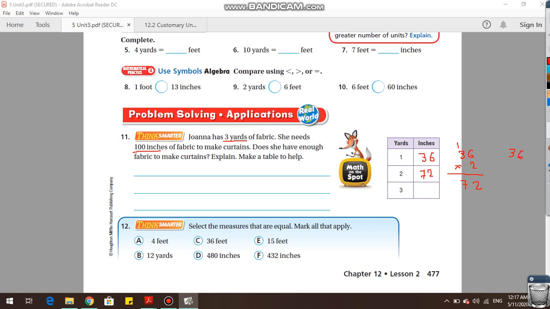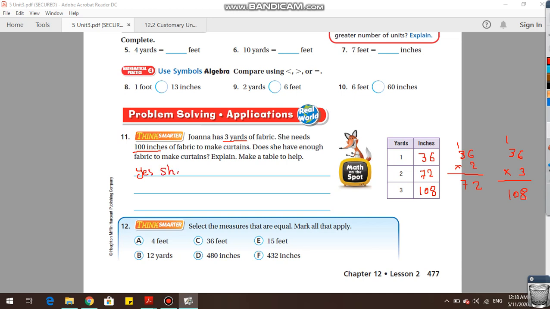Because I have 3 yards. 3 times 6, 18, 8 and carry up 1, 3 times 3 equals 9, plus 1 equals 10. So 3 yards, that means she has 108 inches and she needs only 100 inches. So does she have enough? Yes.